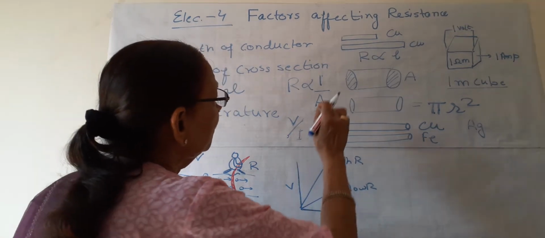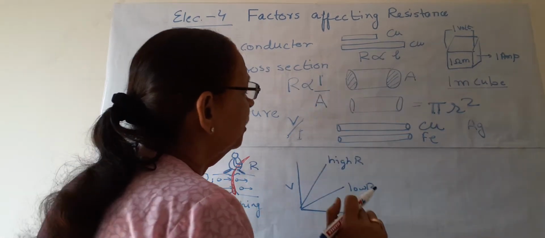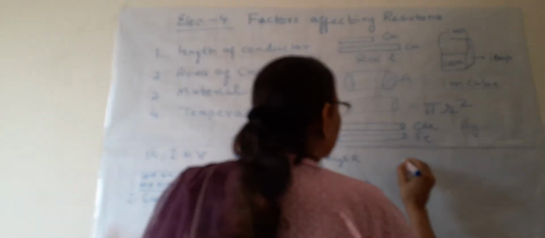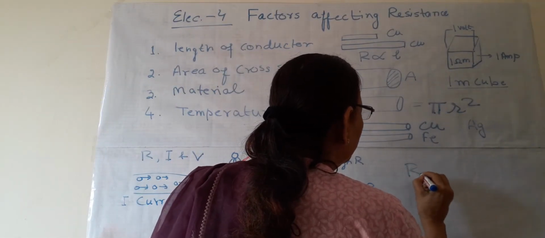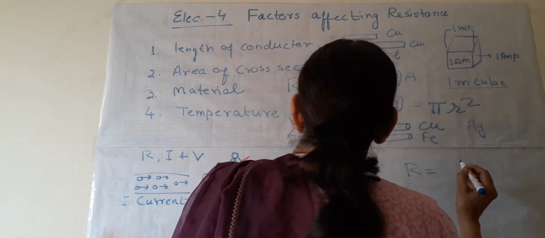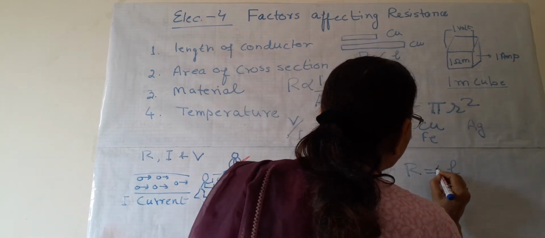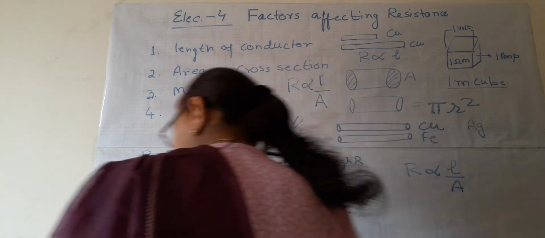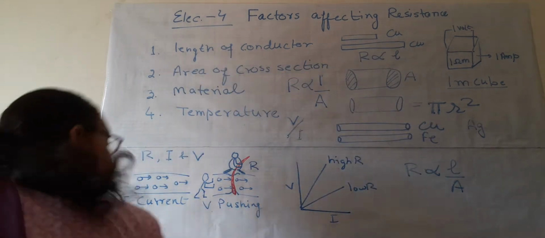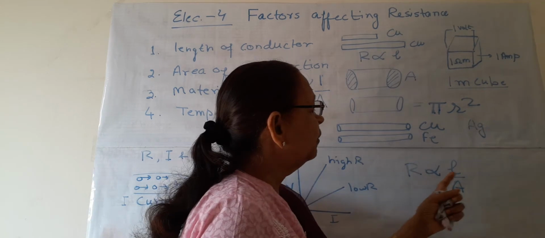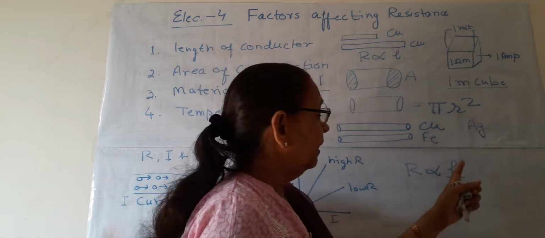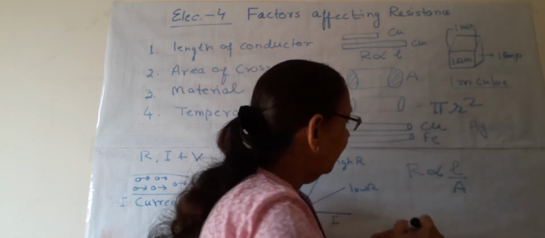Now we have these two formulas. If we combine both of them, then R is proportional to L upon A. When we combine these two, the resistance is proportional to L by A, length upon area.